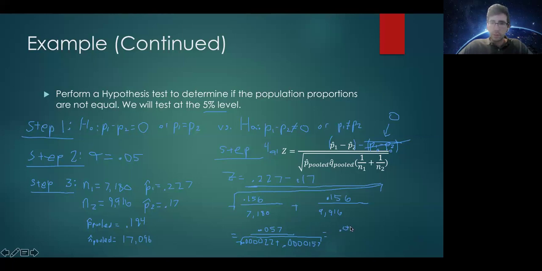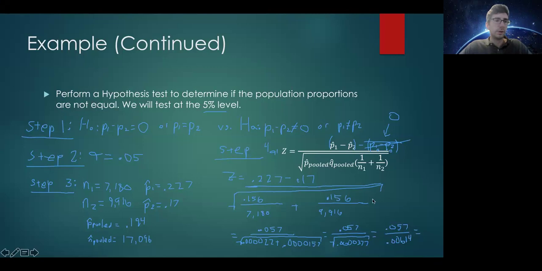And we get 0.0000377. So 0.057 divided by, and we still haven't taken the square root, the square root of 0.0000377, I get 0.00614.